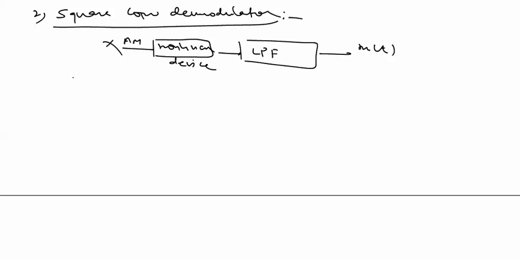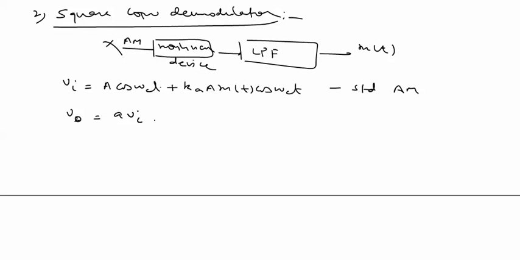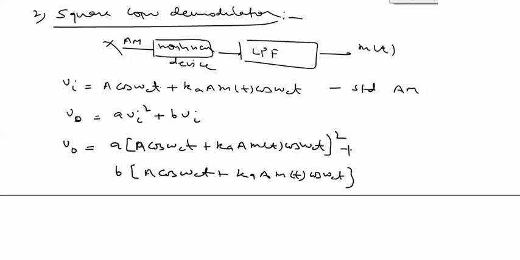We apply the input A cos omega c t. The nonlinear device expression is a v plus b v squared. After application of this input, we get this expression; by putting the input in place of v squared, we expand these two expressions.